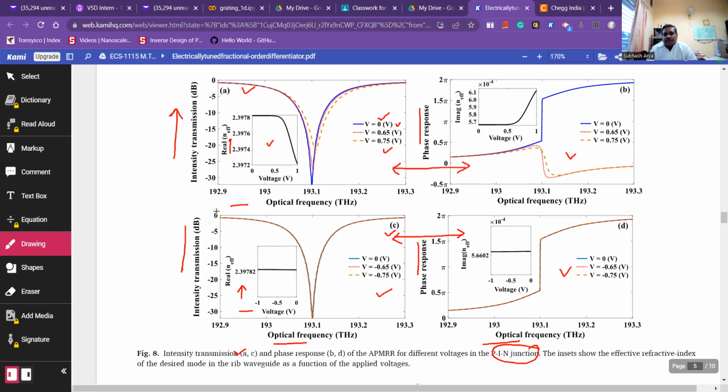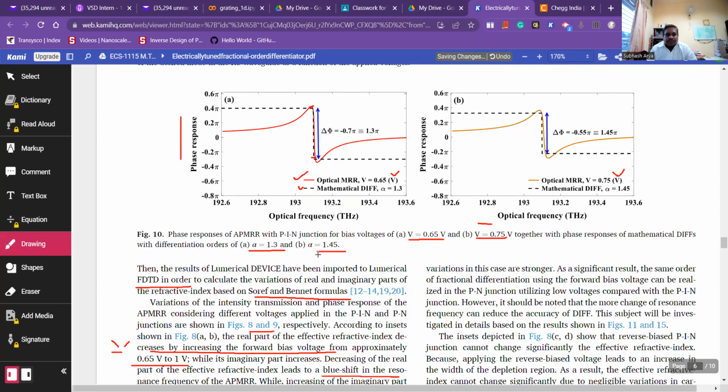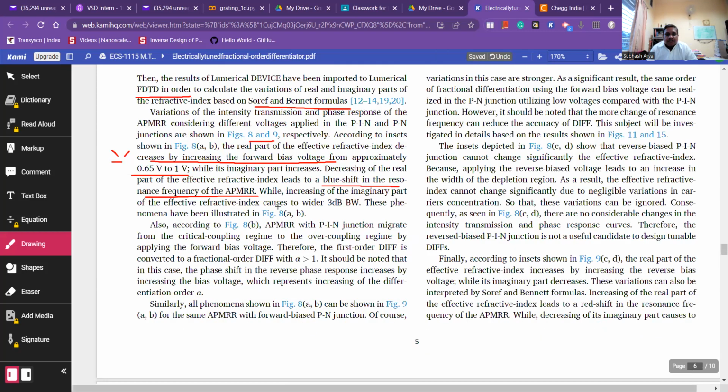A decrease in the wavelength is a blue shift. This is what we can observe from here. While increasing the imaginary part of the effective refractive index causes a wider 3 dB bandwidth. These phenomena have been illustrated in figure 8b.